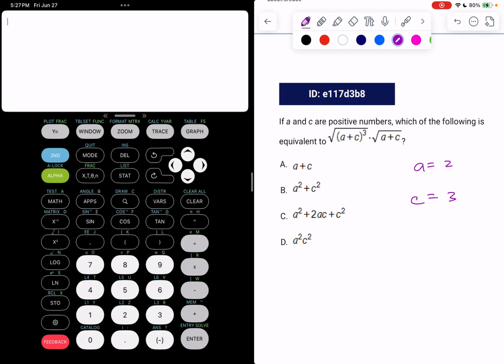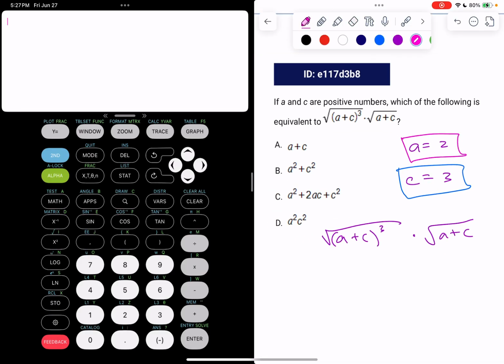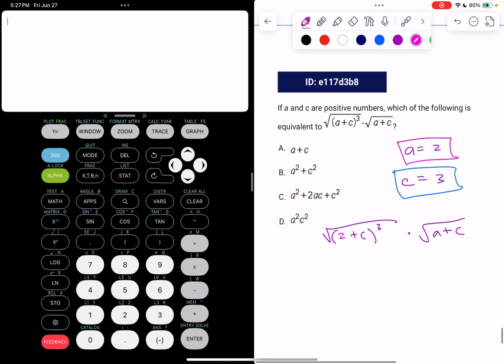Okay, so now we want the square root of A plus C cubed times the square root of A plus C. Anywhere I see A, I'm gonna swap it out with a 2, and anywhere I see C, I'm gonna swap it out with a 3, and I'm gonna pop this right in my calculator.